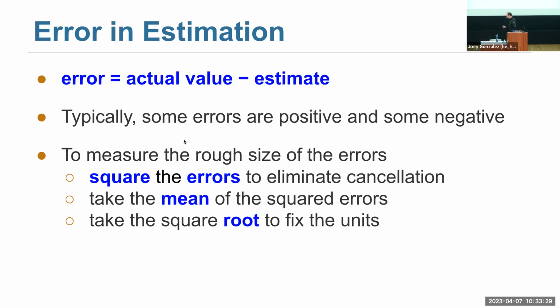Why would I take the mean of the squared errors and then take the square root? This is a recurring theme again. Why did I take the square root? For fun? Why? Units, right? So my errors are in what units? If I'm measuring dollars, my y-axis is dollars. What's the error in? Dollars, right?